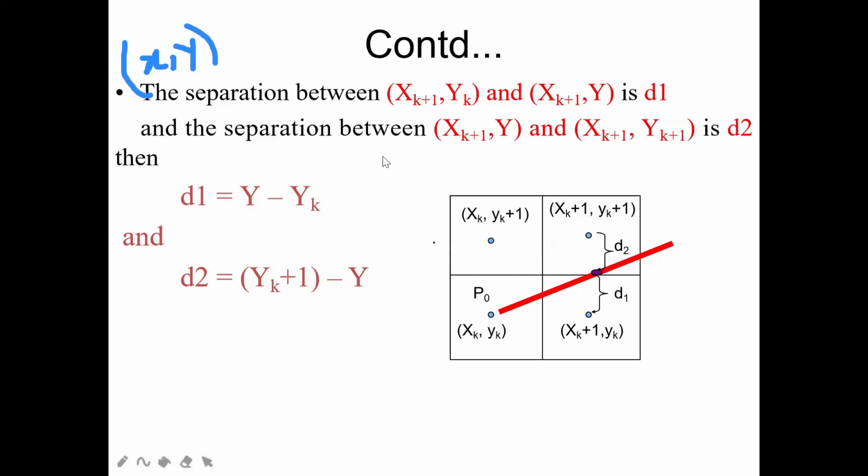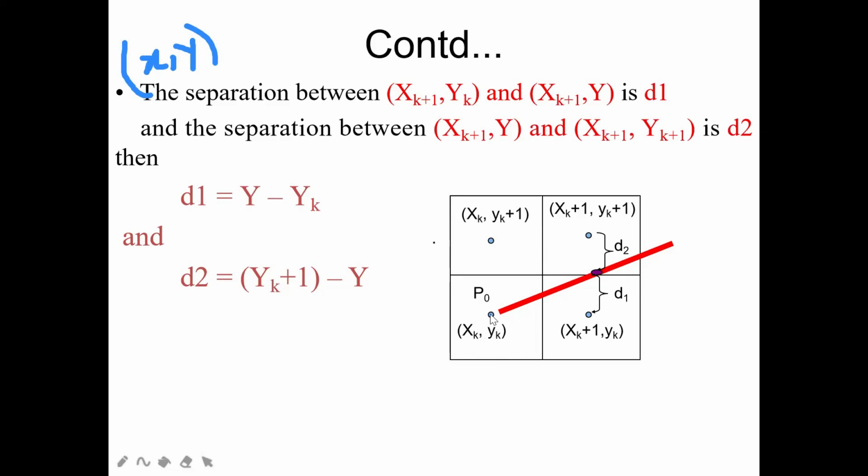Okay, now see this picture. My original point, let's take it as x0 comma y0, or you can take x comma y. It will be here somewhere. Let me assume I'm taking the position value xk comma yk. This point value will be p0.